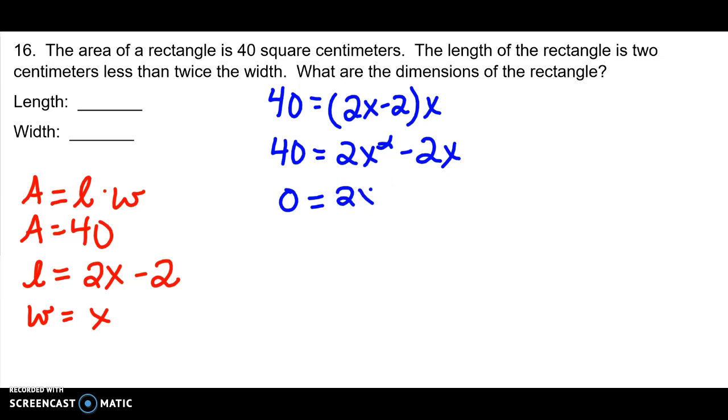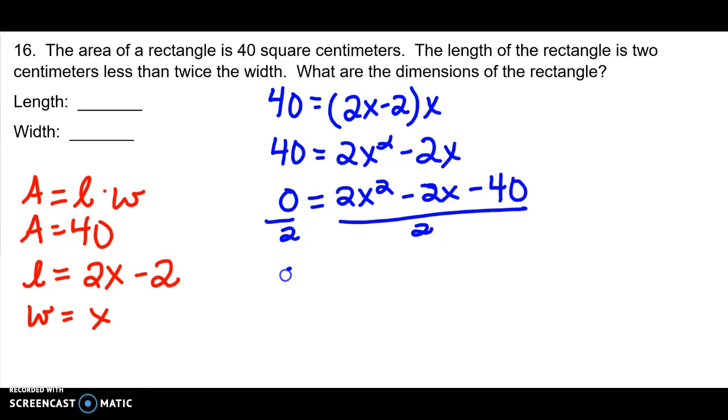And when I move the 40 to the other side, it simply becomes a negative 40. Okay, looking at this equation, 2x squared minus 2x minus 40, I see that everything in this equation needs to be divided by 2. So now I have 0 equals x squared minus x minus 20.